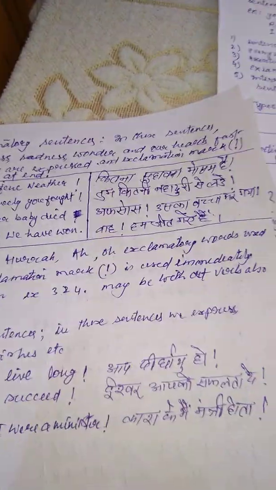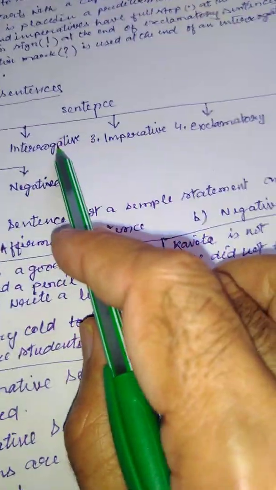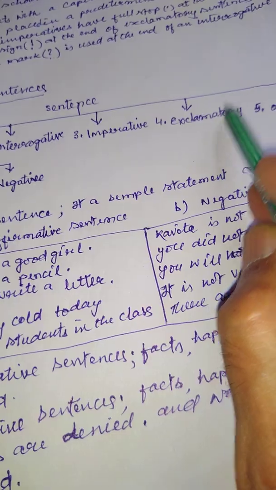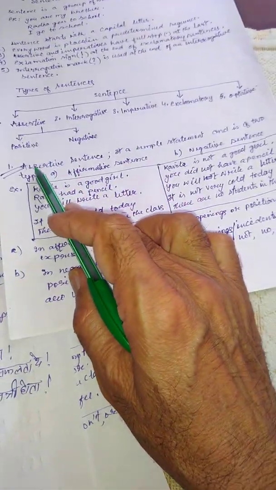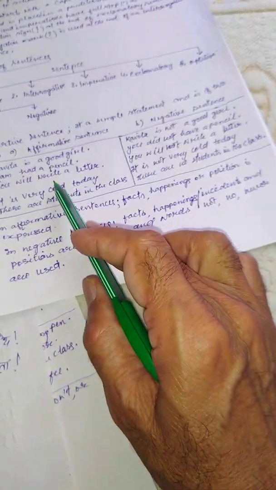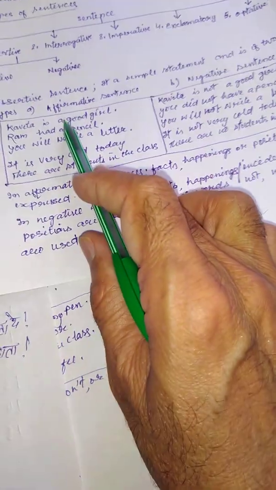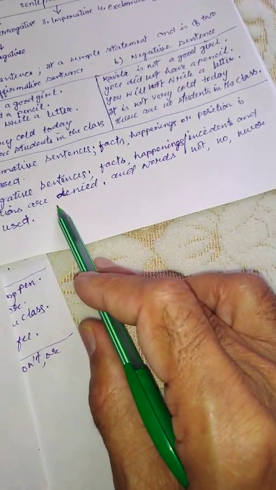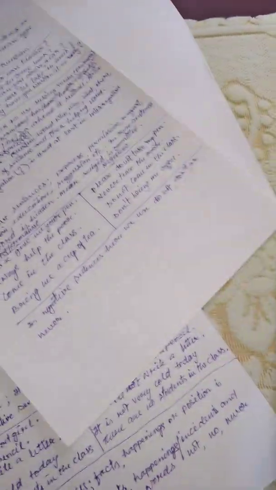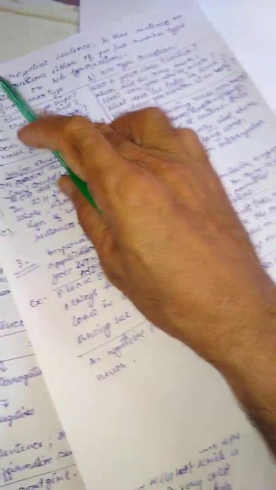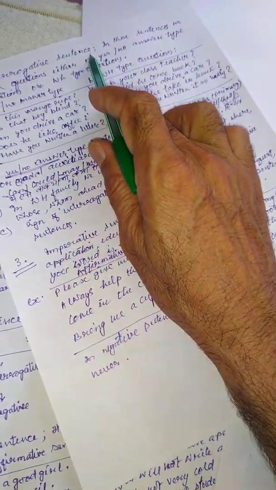First one we have studied: assertive sentence, interrogative sentence, imperative sentence, exclamatory sentence, and optative sentences. And these 5 were explained in detail through examples and their main points to be noted. Like the second point was interrogative sentences.